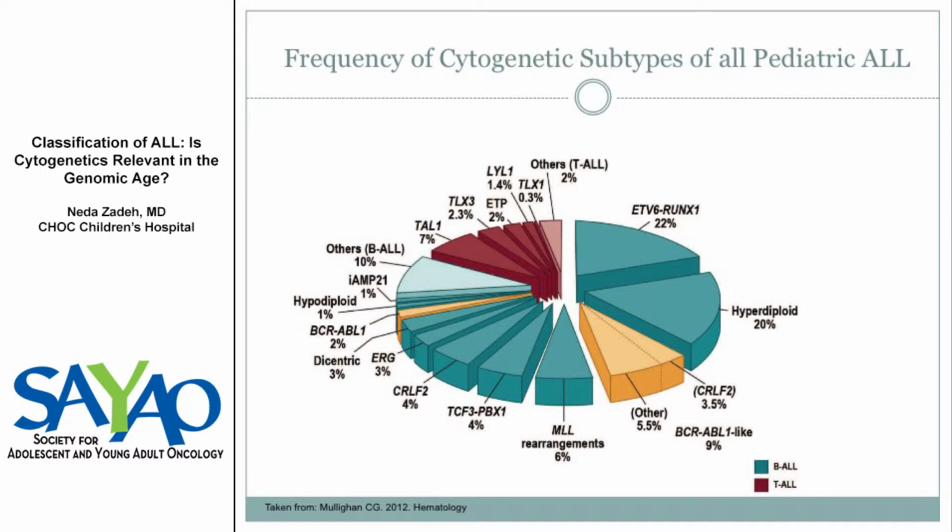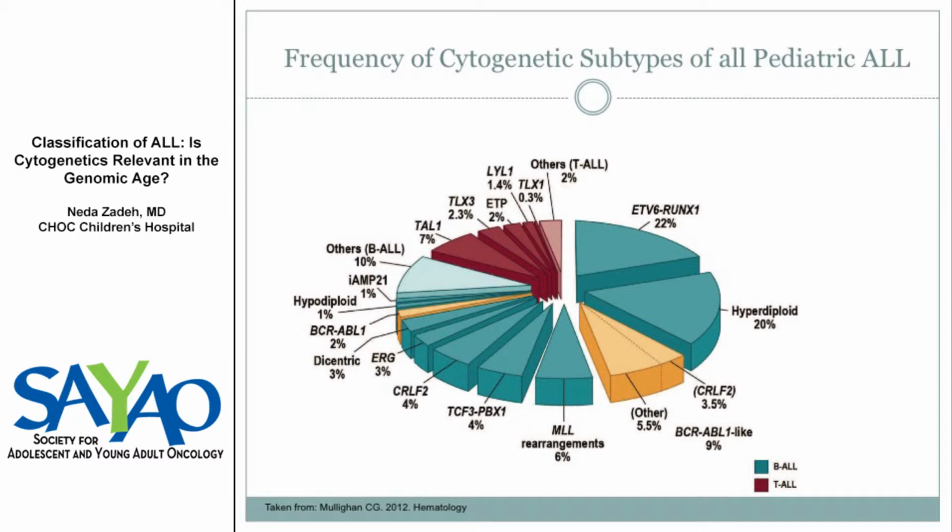In B progenitor ALL, these include hyperdiploidy with greater than 50 chromosomes and hypodiploidy with less than 44 chromosomes, which tends to include also near haploidy. And chromosome rearrangements, including translocation 12;21, also known in the medical literature as ETV6-RUNX1, as well as translocation 1;19, TCF3-PBX1, seen here, 9;22, BCR-ABL, and rearrangement of MLL at 11q23 to a diverse range of fusion partners.